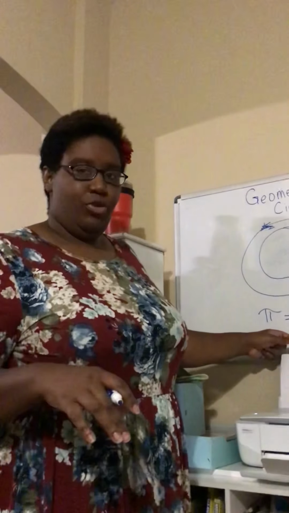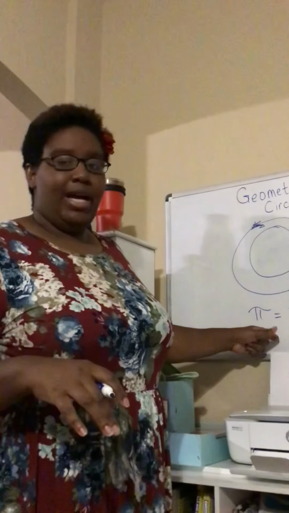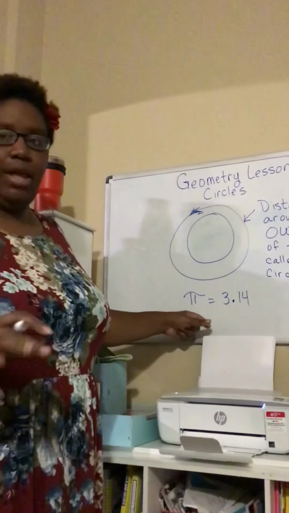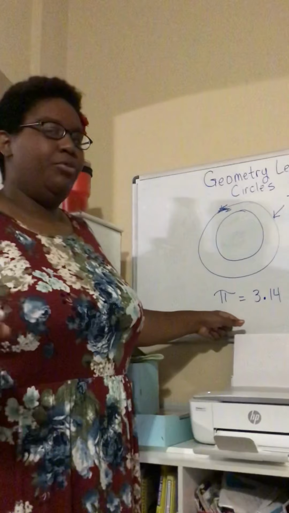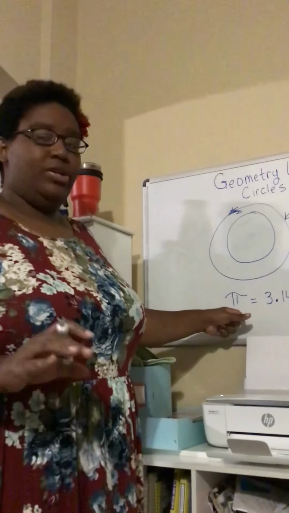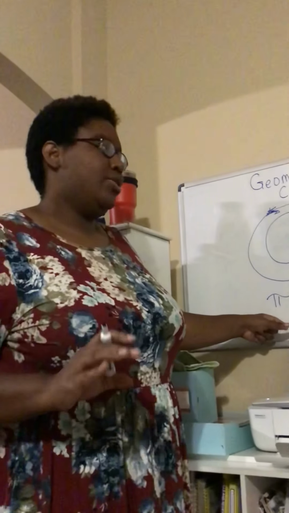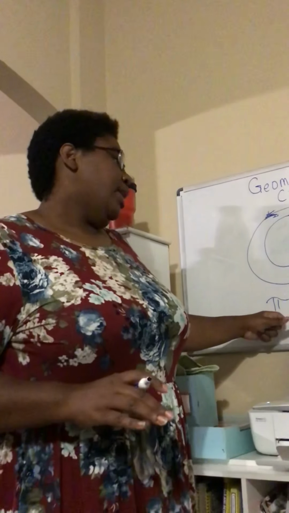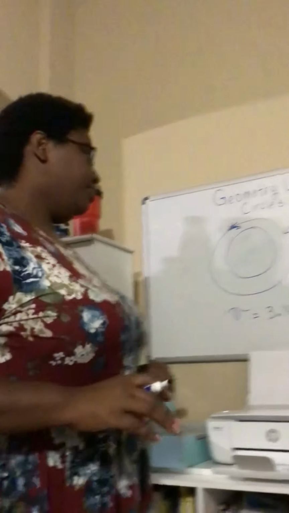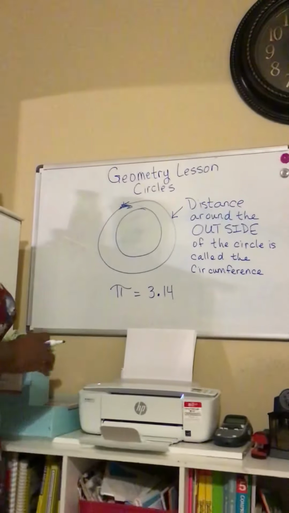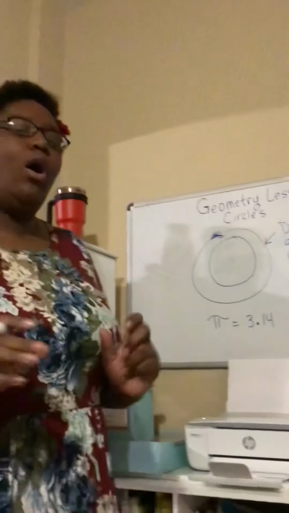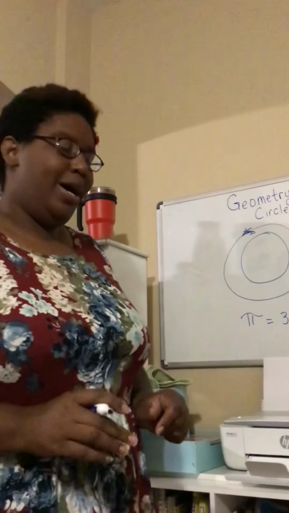But just take my word for it for now. The value for pi is rounded off and averages out over time. When you measure a whole lot of circles, there's a constant that always works with every circle, and it is this value right here. So anytime we work with circles, we will always have to use pi.